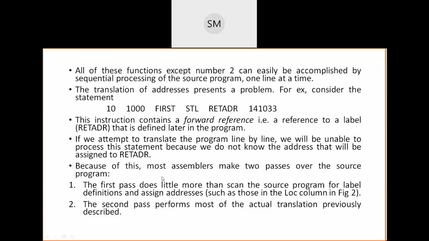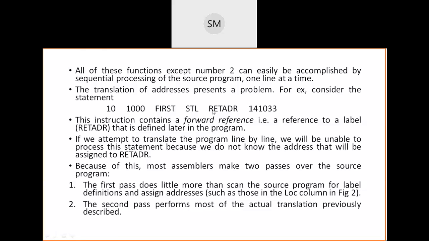Because of this, most assemblers will use two passes. Remember this word pass. What is a pass? Pass is nothing but an iteration, or you can say a step. Most assemblers will use two steps over the source program. Why will they use these two steps? Because addresses are not immediately available, so it is one big task.